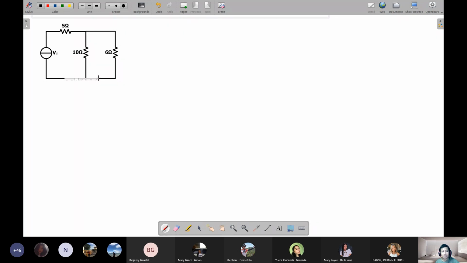So recall the basics. For this one, since it is parallel, I will start here. I will combine this first. I will call this RA. So for my RA, that would be 1 over 10 plus 1 over 6. Okay?